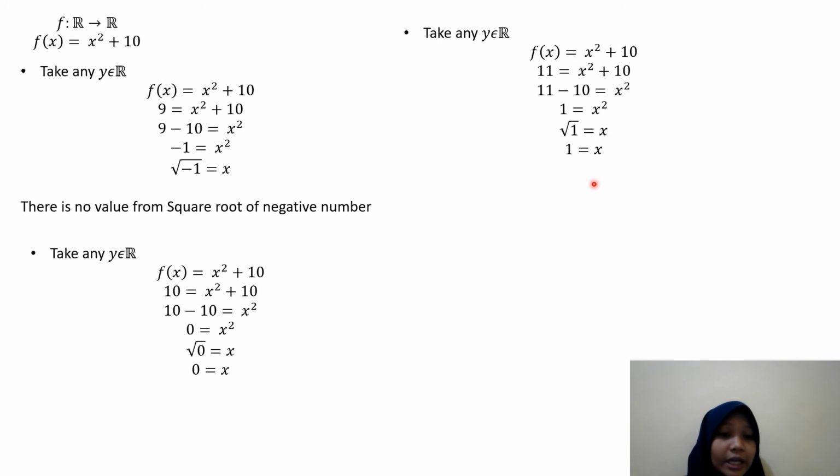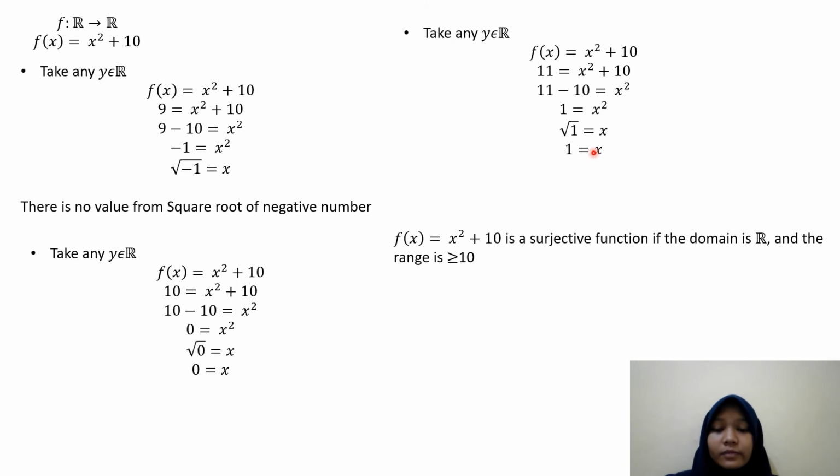Next, I try again with a greater number than 10, like 11. So 11 is equal to x squared plus 10, and then the 10 we move into the left side again, and then we got 1 is equal to x squared, the square root of 1 is x, so x is 1.